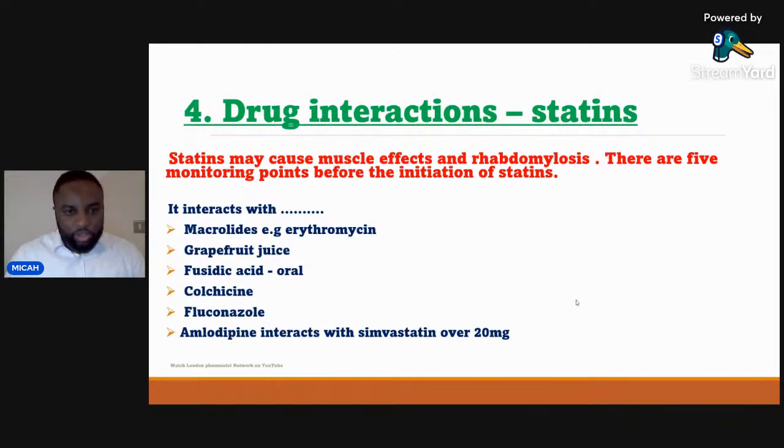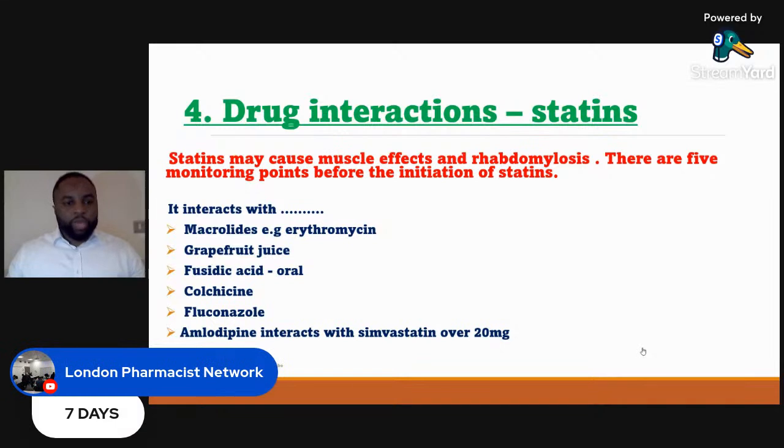So a patient needs to stop statins whilst taking fusidic acid. And when they finish the course of fusidic acid, they need to wait for 7 days before they can go back to their statins. That is important because fusidic acid is very potent.